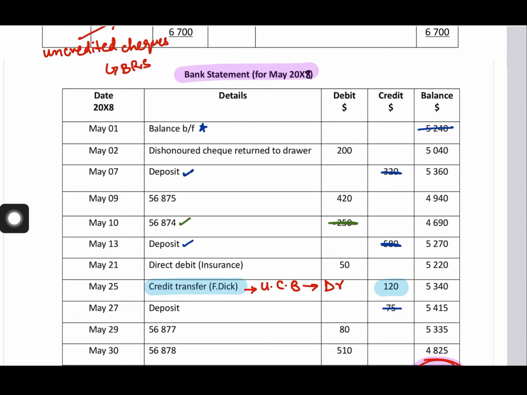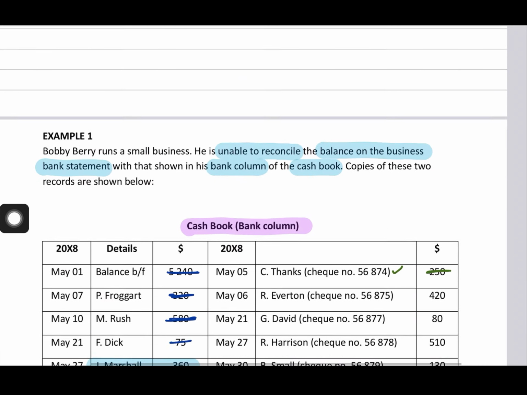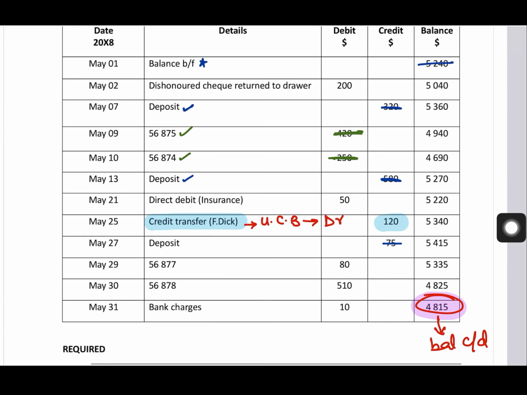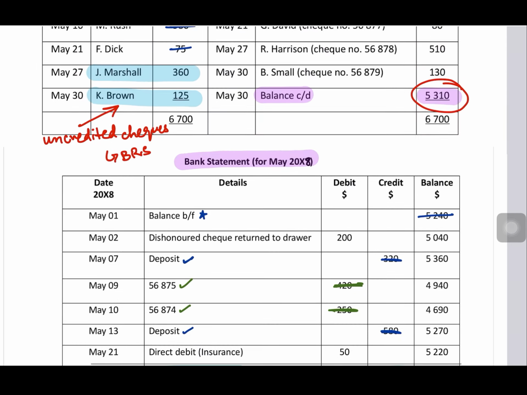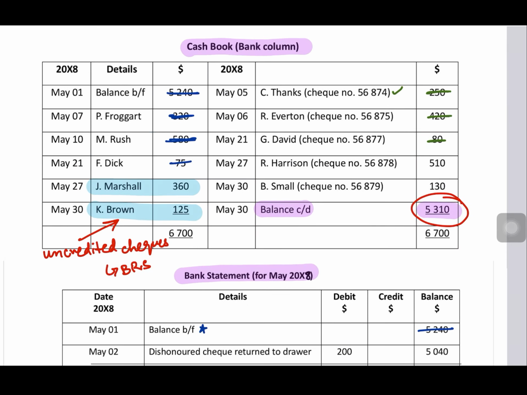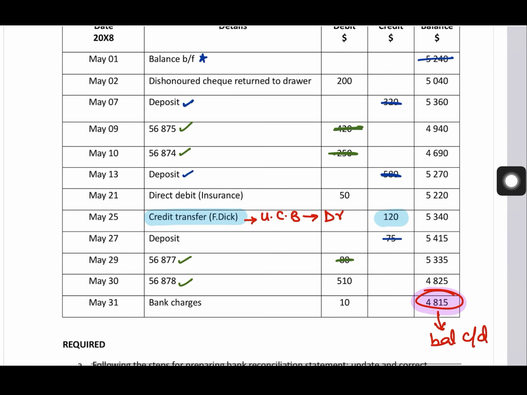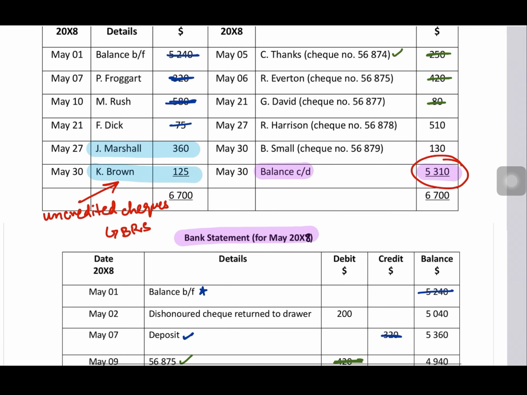Let's see, 420 can be located, yes, and the same check number, so it won't be adjusted, cancel it. And third is 80 against 56877. It is also there, so this will be cancelled again. Next is 510 against 56878, that is also there, so it will be cancelled.